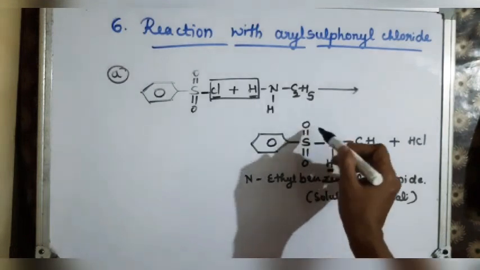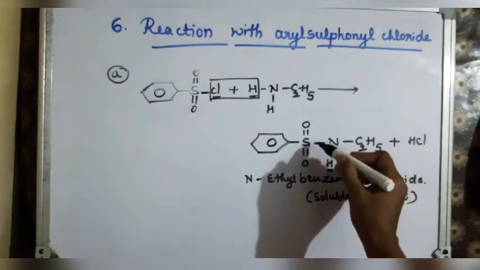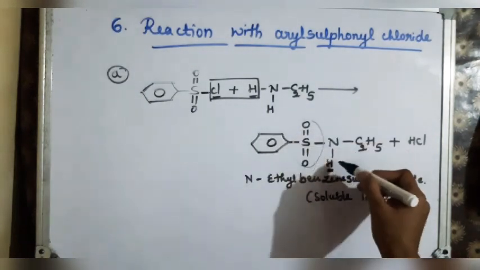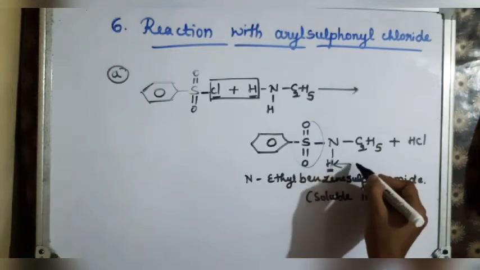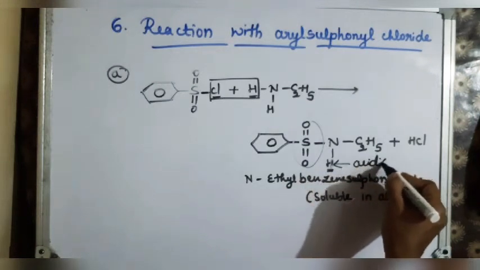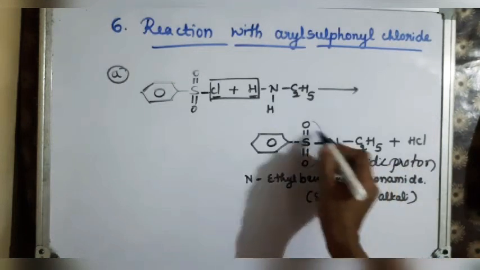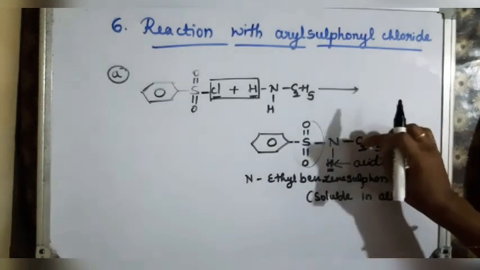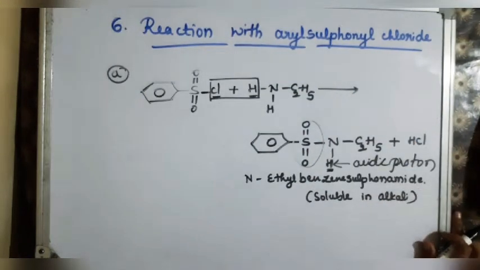The sulfonyl group is an electron withdrawing group. Because of the electron withdrawing nature of this group, this hydrogen will be an acidic proton. This makes the whole compound acidic, and because of this acidic nature only, it is soluble in the alkali.